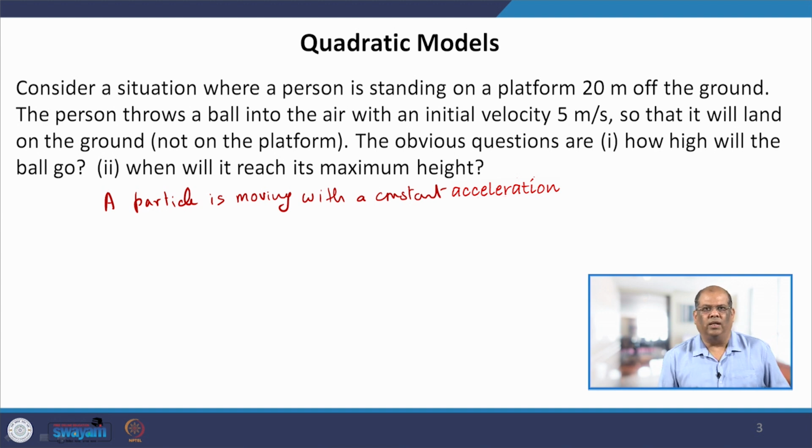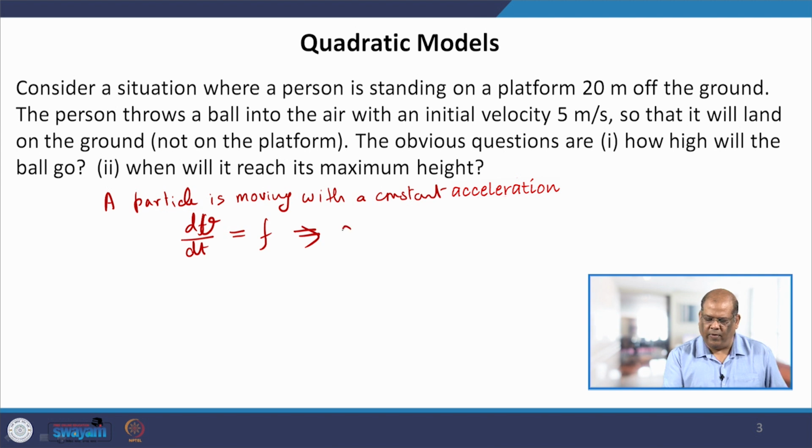If I want to write this in the form of a differential equation, I know that if f is my acceleration, then dv/dt is some constant. This is dv/dt because it is the rate of change of velocity, that is some constant acceleration f.